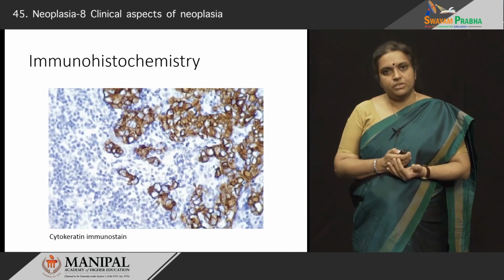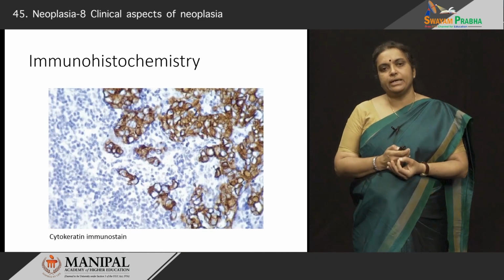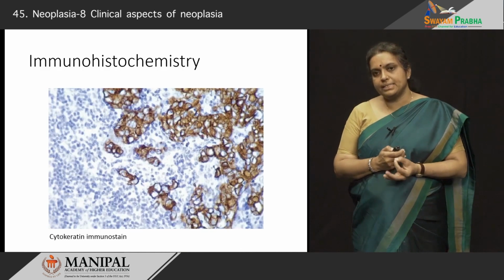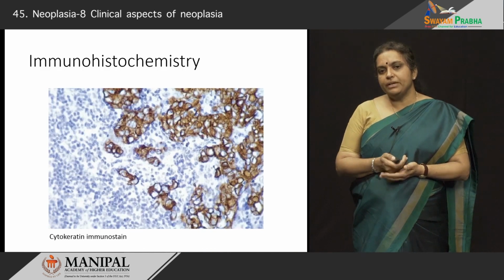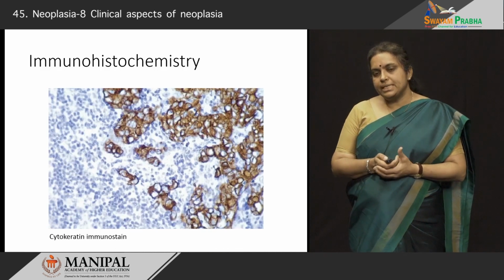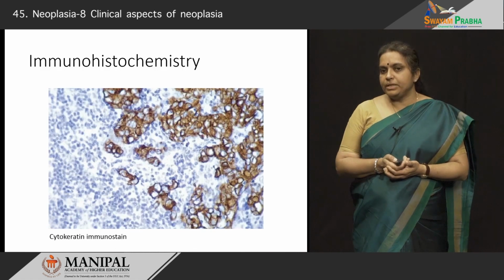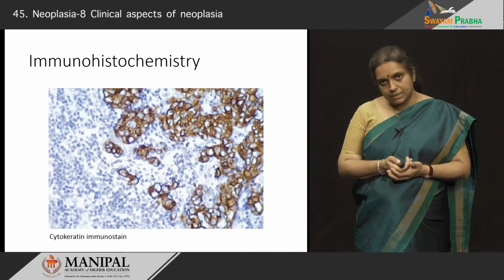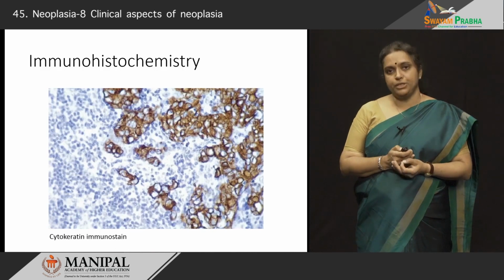This immunohistochemistry is used for various reasons. They can accurately tell you what kind of tumor it is. Now, in this example, they have used a cytokeratin immunostain, and all the brown cells you are seeing are the positive cells. Now, because these are cytokeratin positive in a cancerous tumor, it will tell you that this is an epithelial tumor.